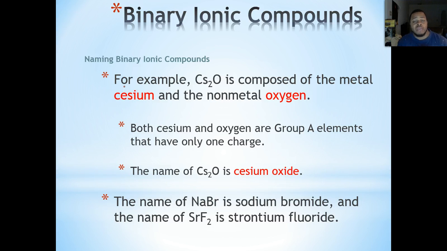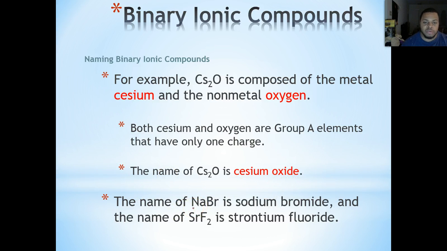Remember, the metal name in the ion was, say, cesium ion, right? So we're going to keep the cesium. We're going to drop the word ion. Now for oxygen, we had an oxide ion. We're going to drop the word ion, but now we're going to keep the oxide. So the name of the compound overall that we're looking at is cesium oxide.